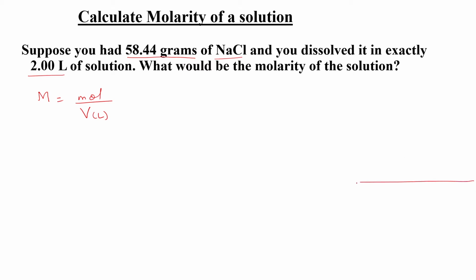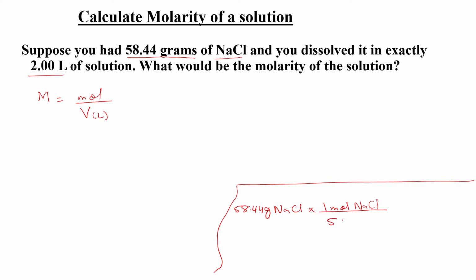So let's do this scratch work on the side. Remember, grams to moles conversion is done with the help of the molar mass conversion factor. So we will be using that molar mass conversion factor here. That is 1 mole of sodium chloride.